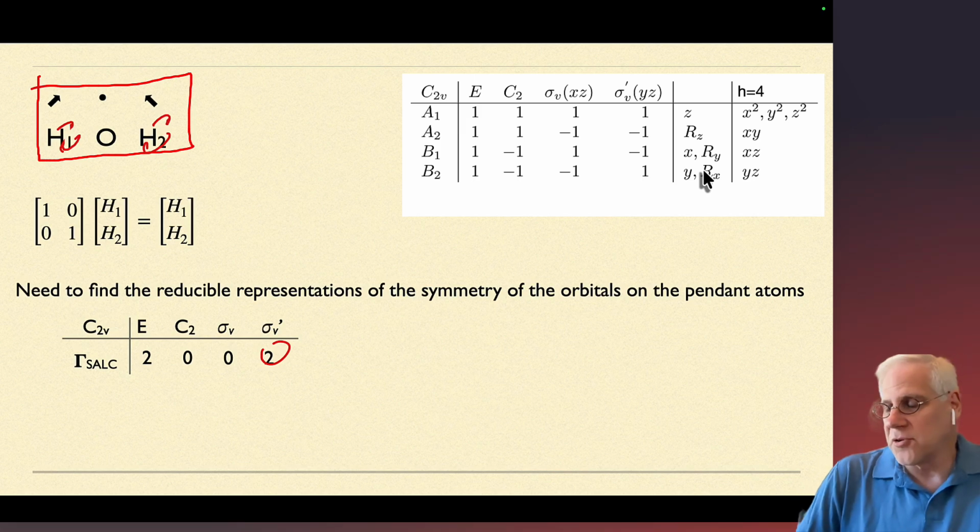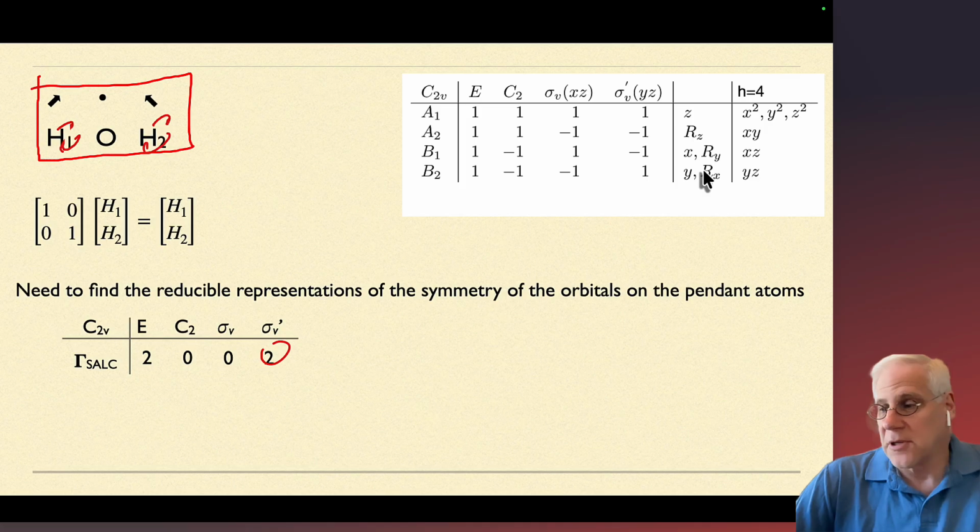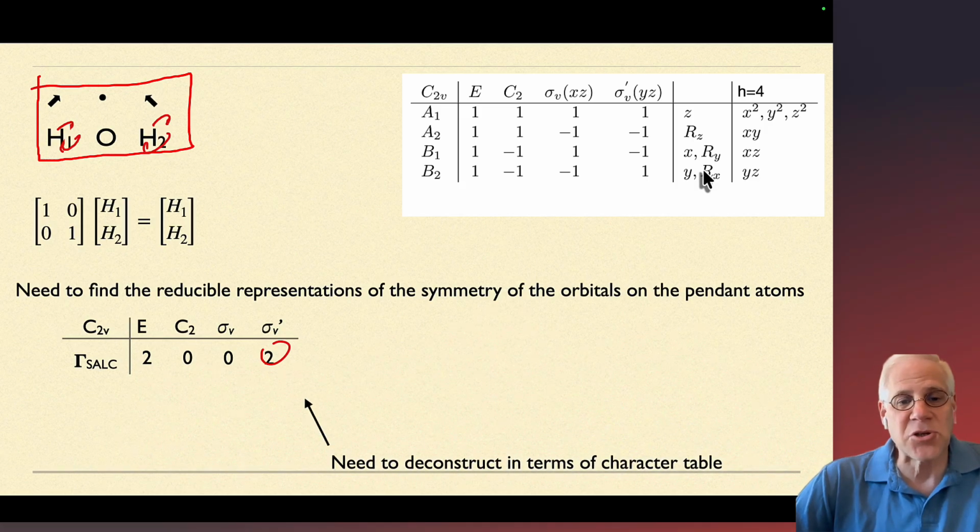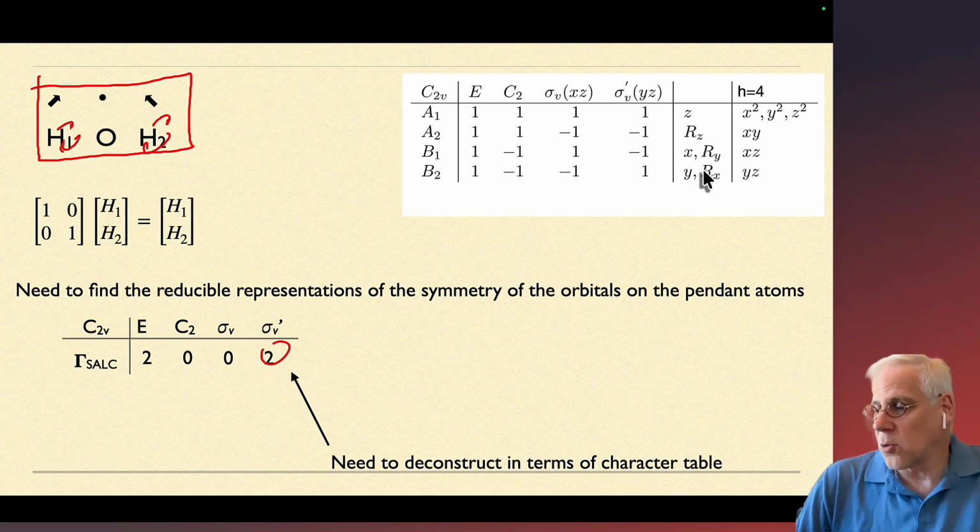Now, this is a reducible representation, and we want to what's called deconstruct this in terms of the character table. And so what we're going to do is say we want to know which of these operations describe the symmetry of these H1 and H2 orbitals, these SALCs, when we put them together.